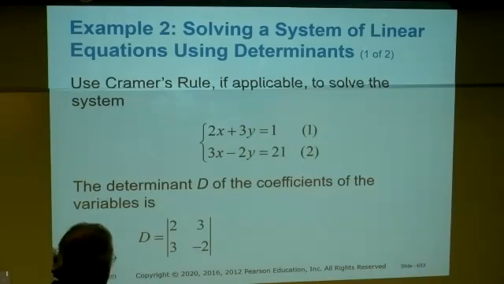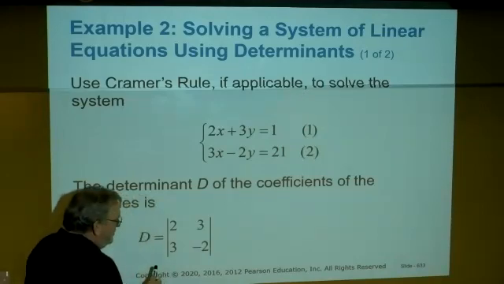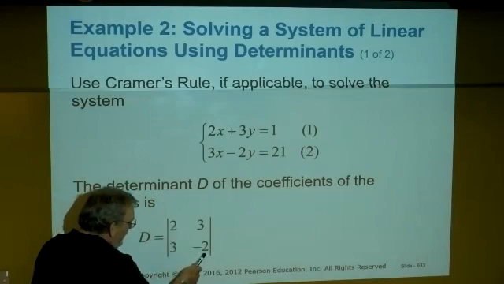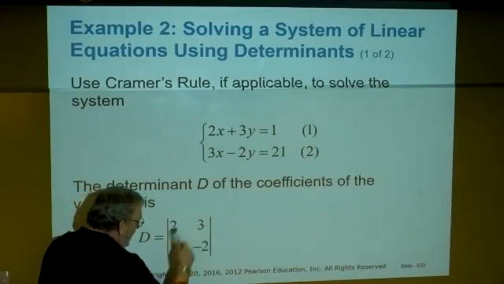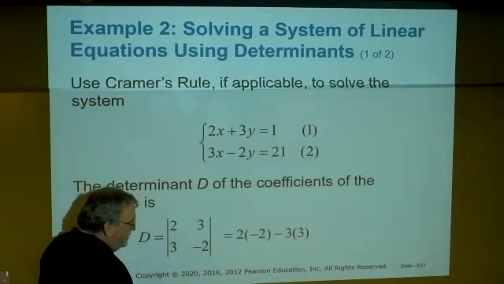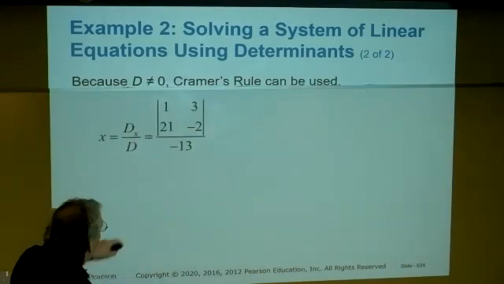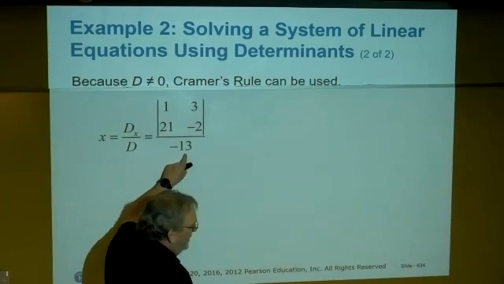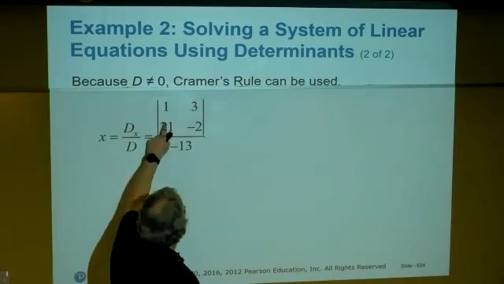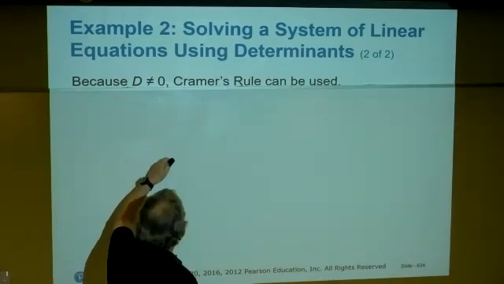So the determinant of the coefficients, we get -4 minus 3 times 3, which gives us a -13. So our denominator is going to be -13. We replace, let me back up a second here.